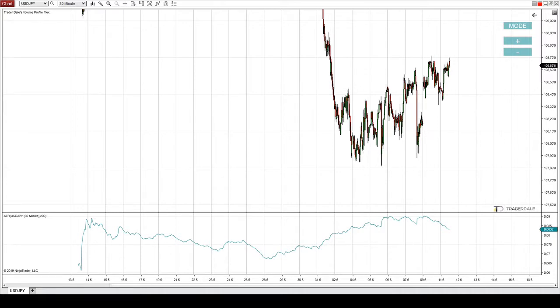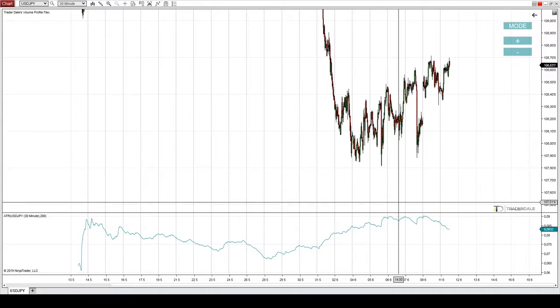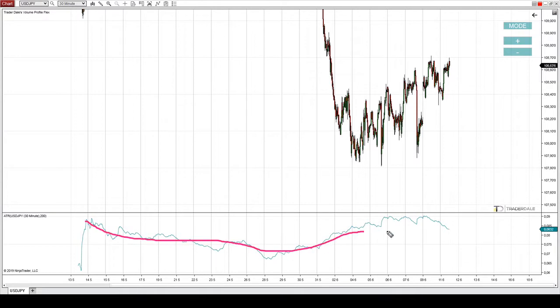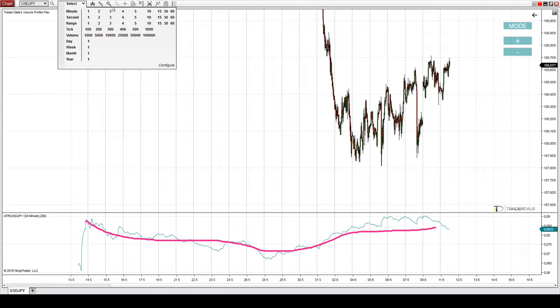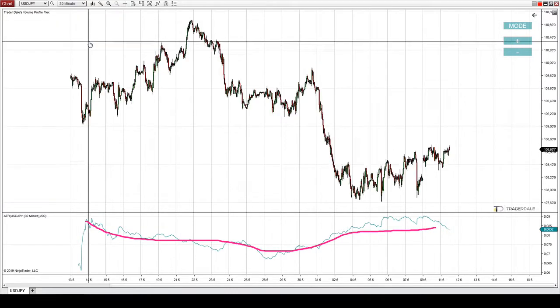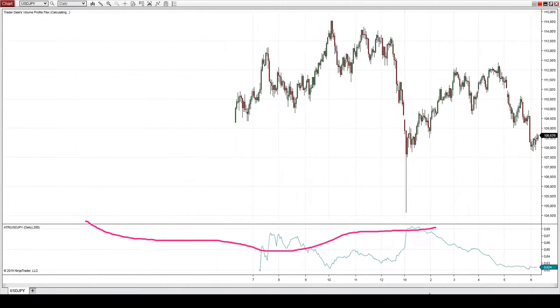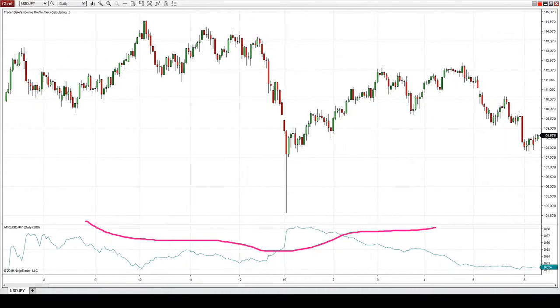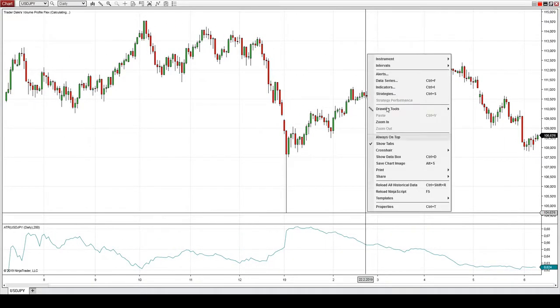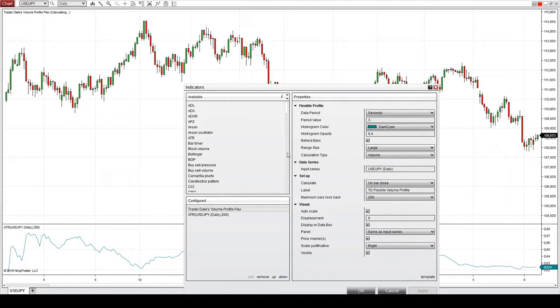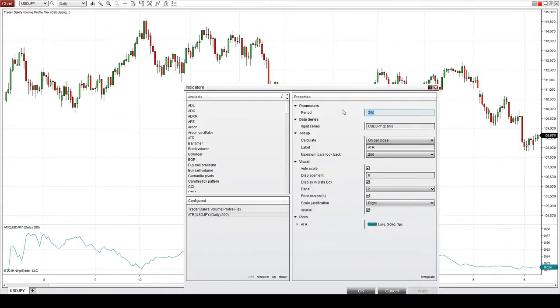All right, so this is the ATR indicator. To smoothen this line a bit, it's better to use a daily chart. And also, you can go back to the indicator settings, and you can use a higher period, for example 400.